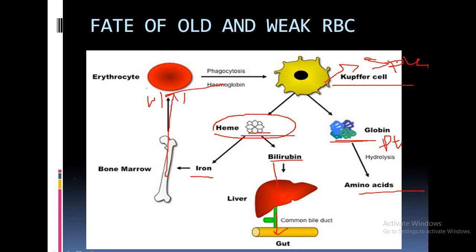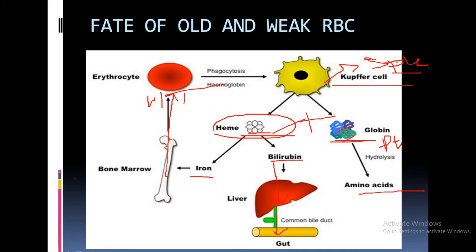Once the RBC becomes worn out or non-functional, the cellular part will be phagocytosed by the Kupffer cells, and then those parts will be deposited in the spleen. That is why the spleen is known as the graveyard of RBC. The pigment part, that is hemoglobin, will be divided into two basic parts, heme and globulin.